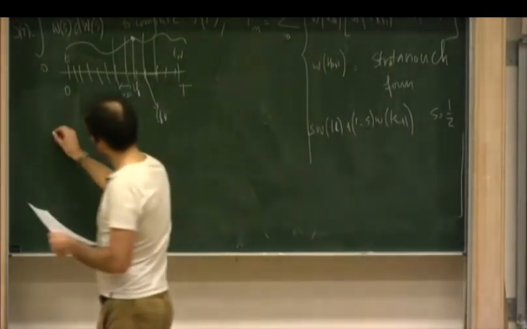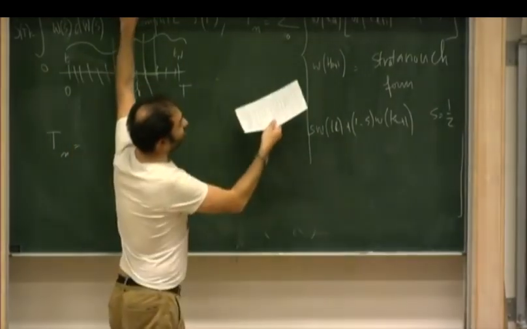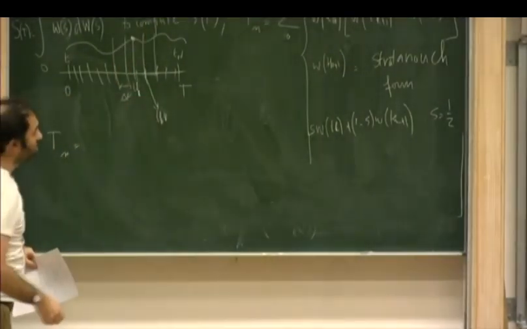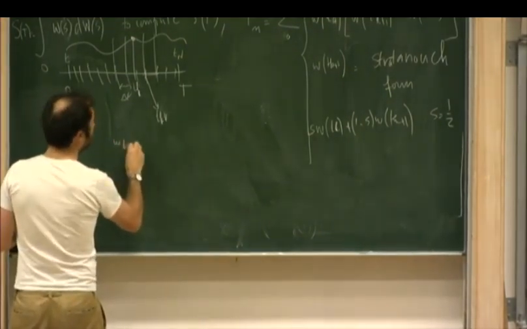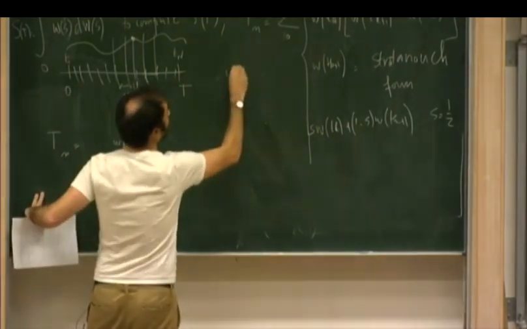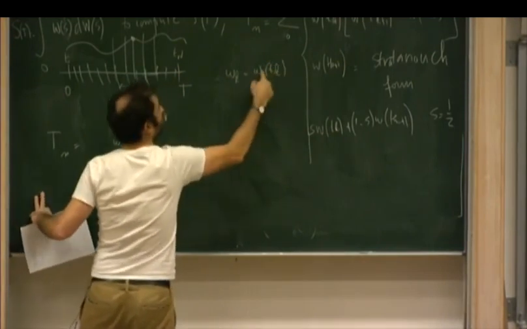Tn can also be written as a difference of squares. So this is omega, let's write it, omega k plus 1, tk plus, okay, let me define omega k as omega of tk, right? So I'm not going to repeat all of this.